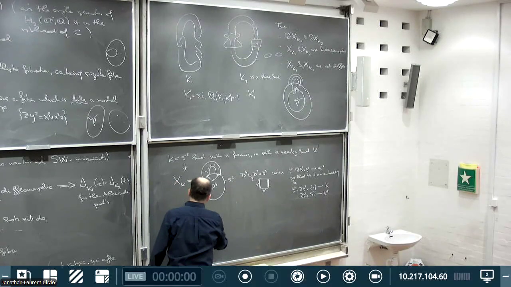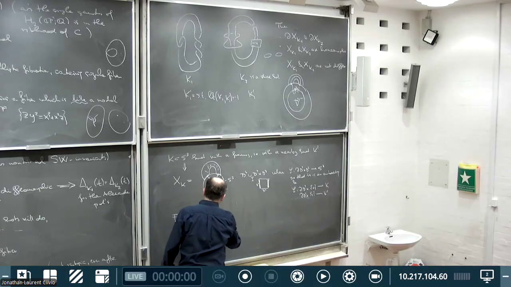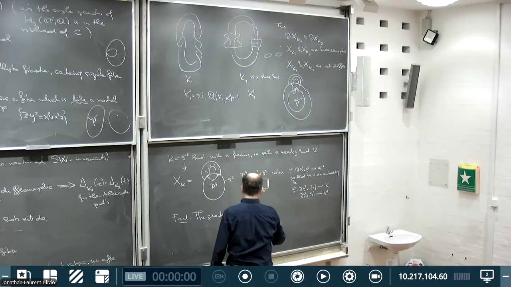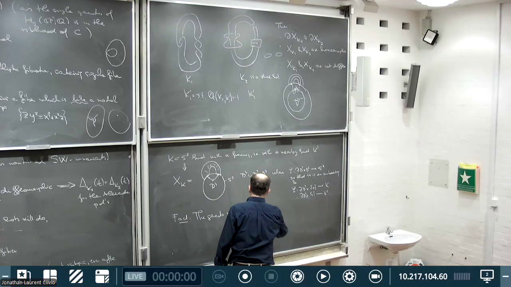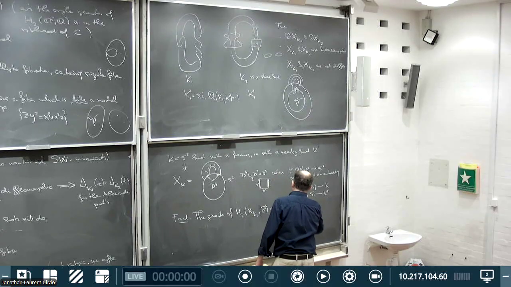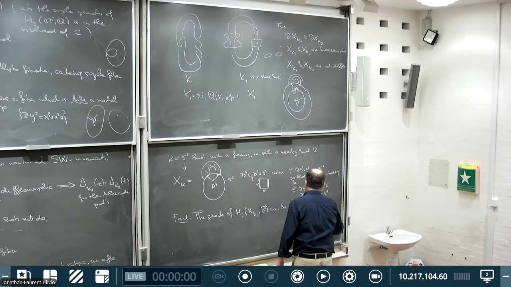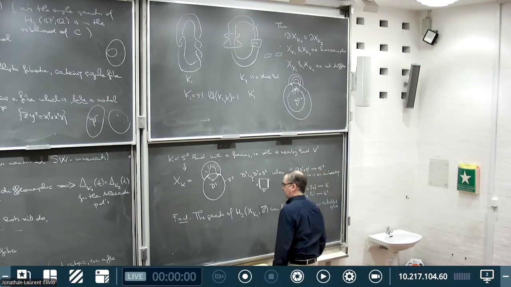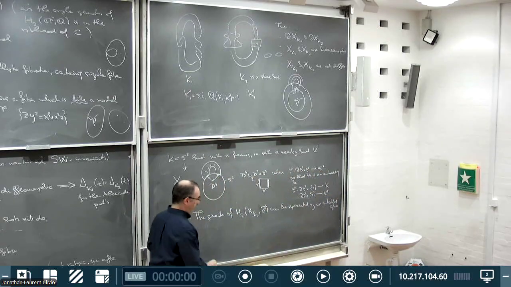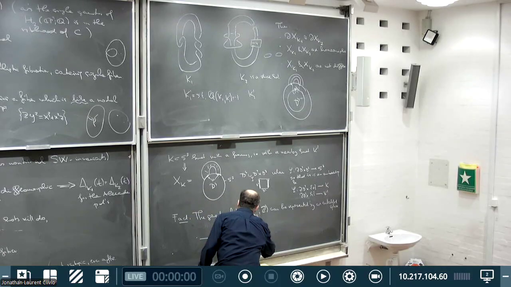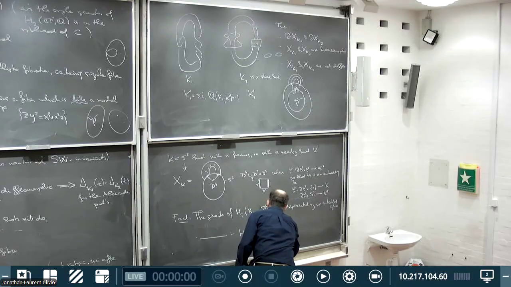The generator of H2 of XK2, Z, can be represented by an embedded sphere. This is what we verified. And the generator of H2 of XK1 cannot.